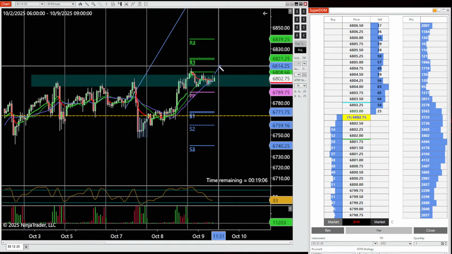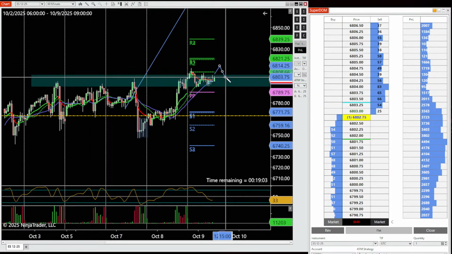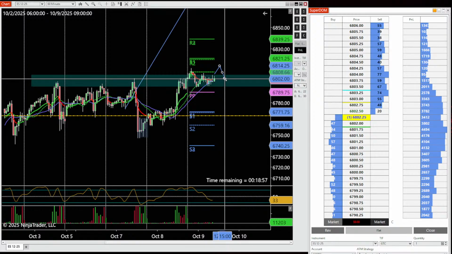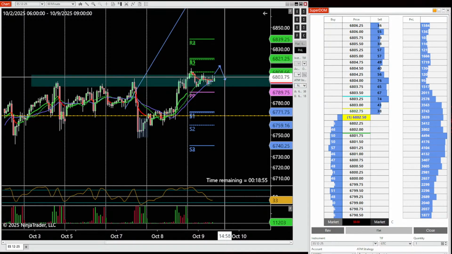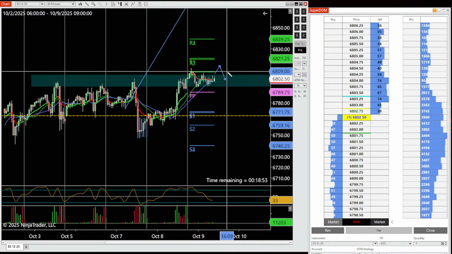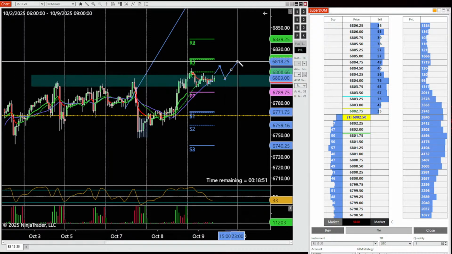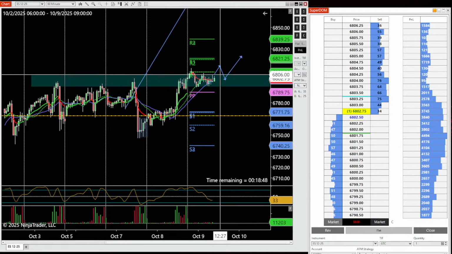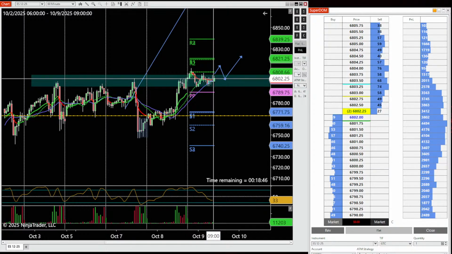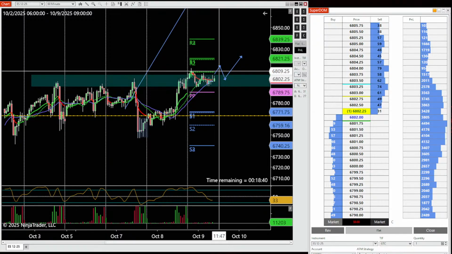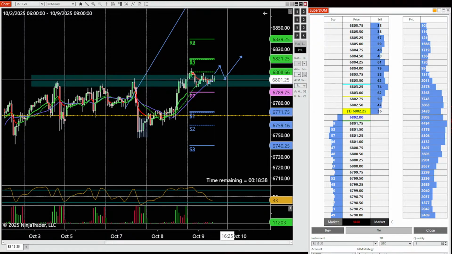We want to see something like this. It can possibly go to the top here, or it can come back in and then go back out, because they don't want us to ride the wave with them. You think you're going longer, then they'll take the weak positions out, stop them out.